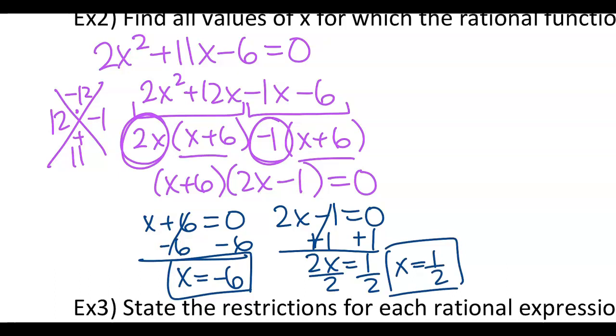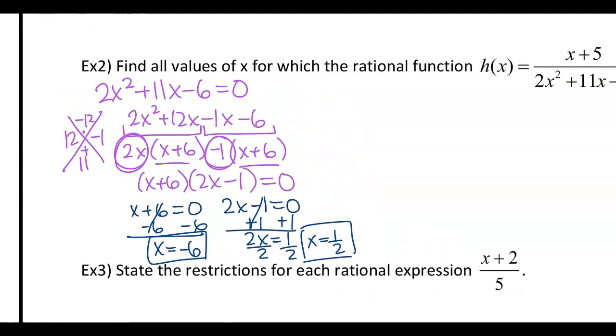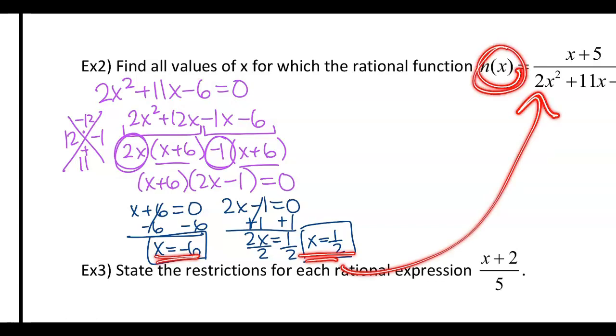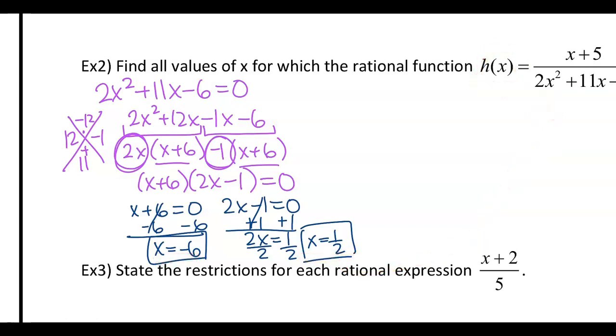We'll divide both sides by 2. So if I was to take both of these x's and plug them back in, I don't have to do this for every question. I just showed you for the first one to give you an idea of what should happen. For both of these answers, when you plug in to h of x, sorry, I thought this was an f of x, but this is an h of x function. So for h of x, when you plug it in, you should get 0 in your denominator.